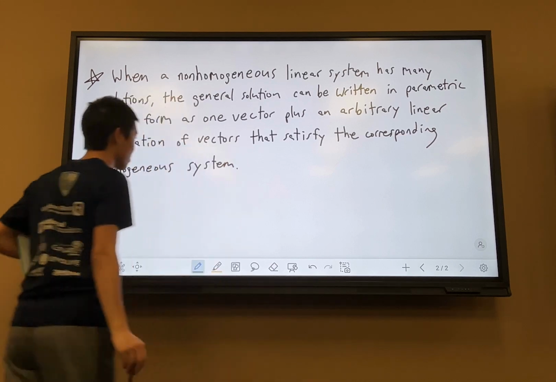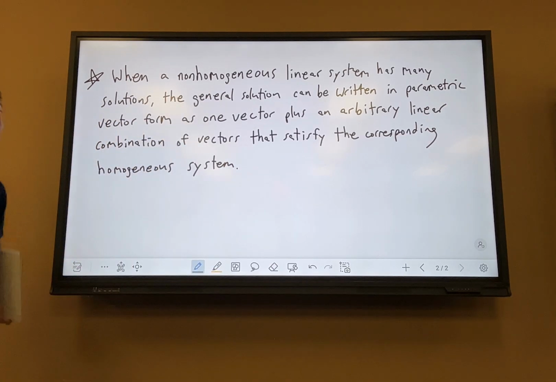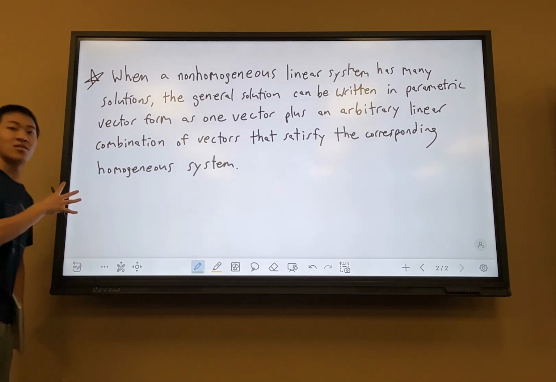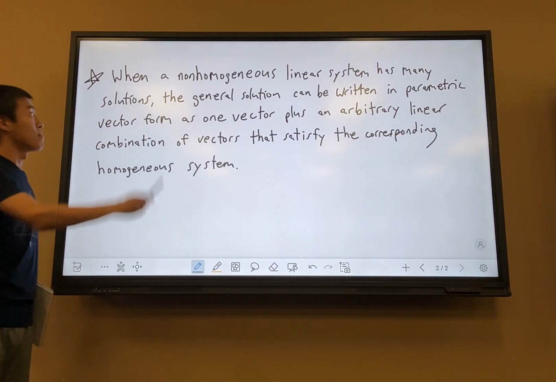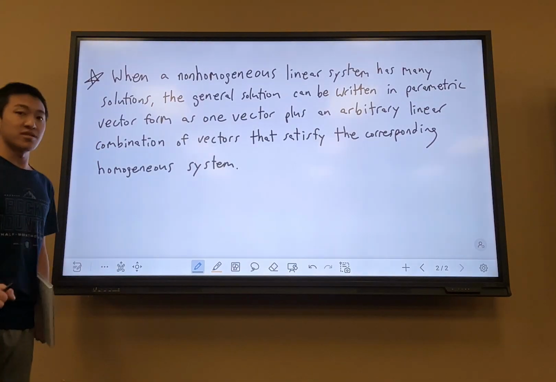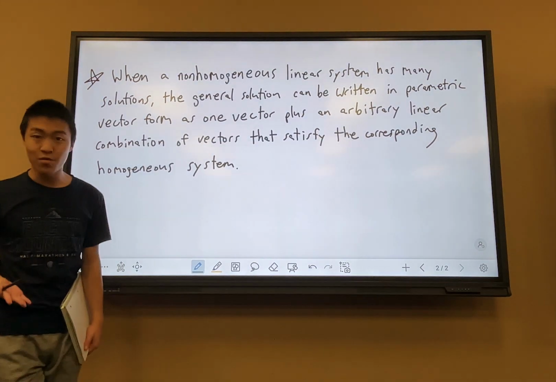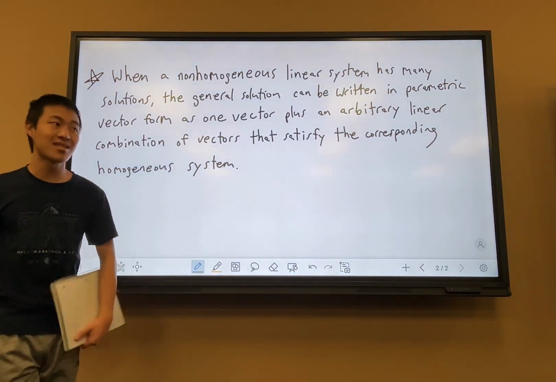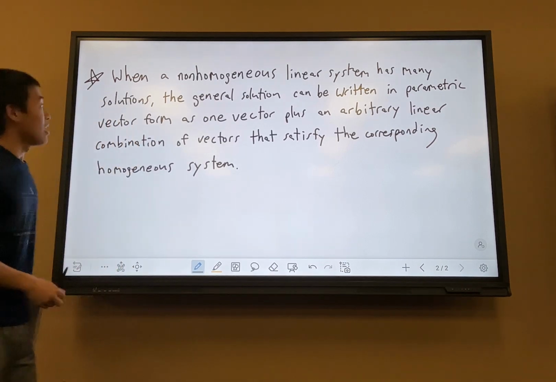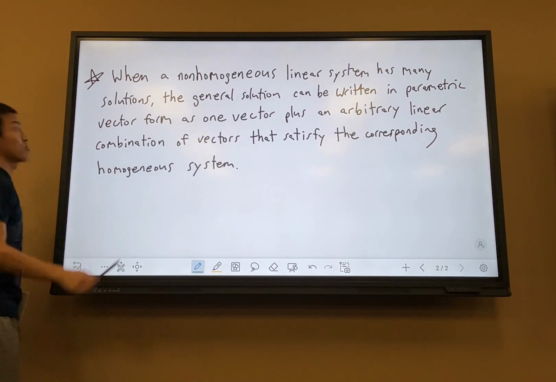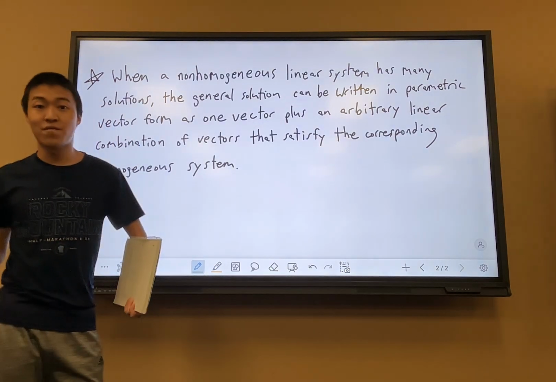When there's a lot of words, typically there is a more elegant way to understand this. So for now, let's read through this, and then we'll actually return to this slide later on. So when a non-homogeneous, so this means that I've taken a matrix equation, it's not necessarily set equal to zero, the vector. We take that linear system, and if it has many solutions, in other words, it has infinitely many.